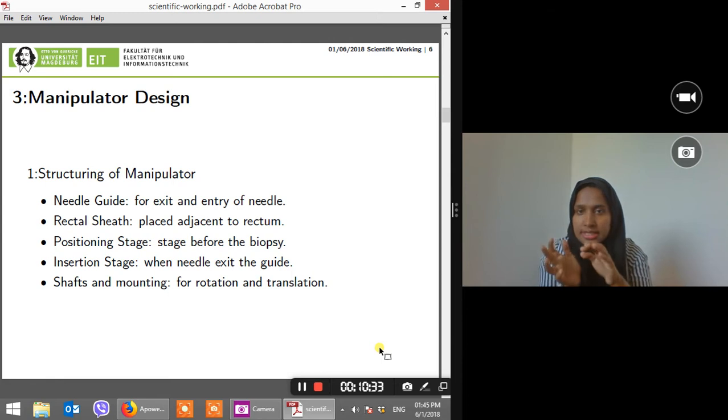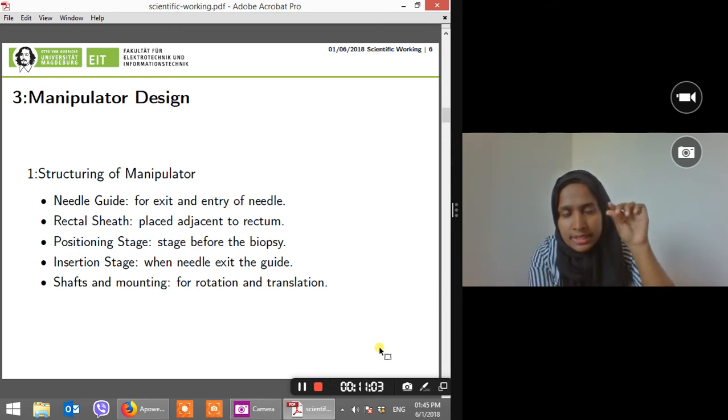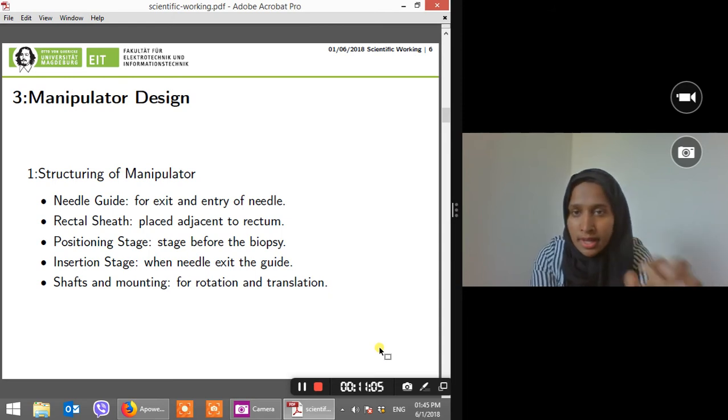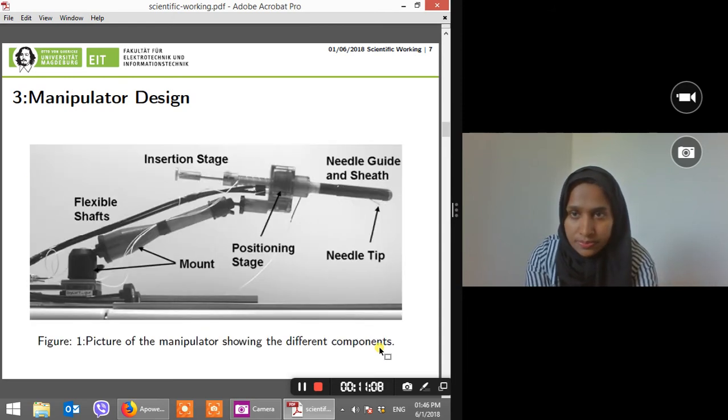After this we have the actual procedure, the insertion stage, when the needle exits the needle guide and enters the patient. The shaft and mounting are for actuation, basically for rotation and translation: one shaft rotates and it rotates the whole set of internal gears, which then rotate the whole assembly and trigger the needle guides, and the needle is fired from the needle guide. So this is basically the design.